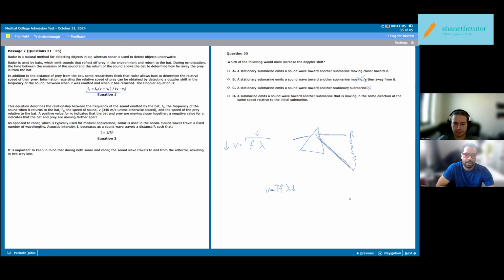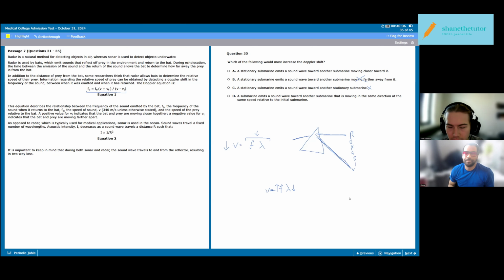Okay. Now, for D, a submarine emits a sound wave toward another submarine that's moving in the same direction at the same speed relative to the initial submarine. What are your thoughts there? Not sure that would do much. Wouldn't that just be similar to C?